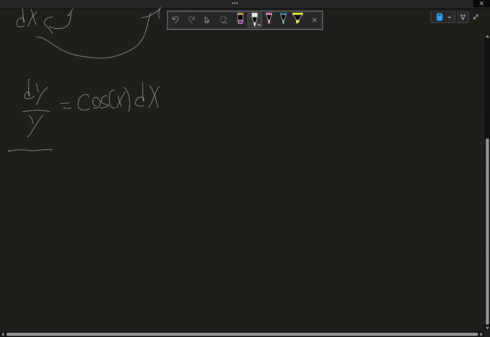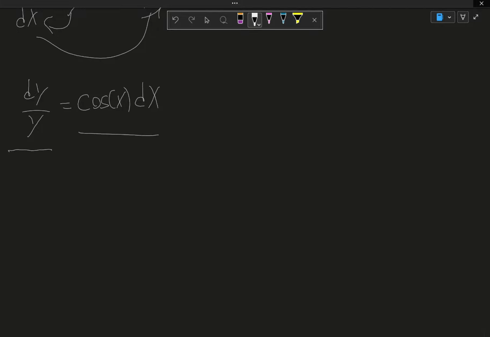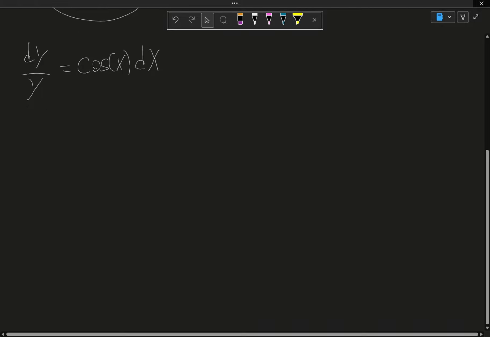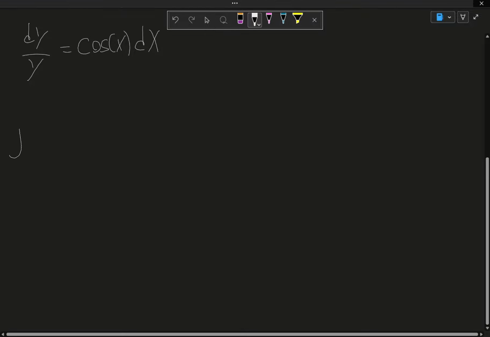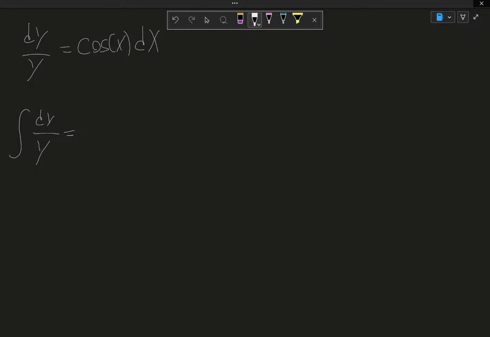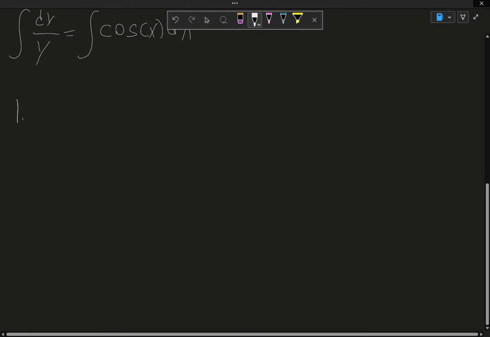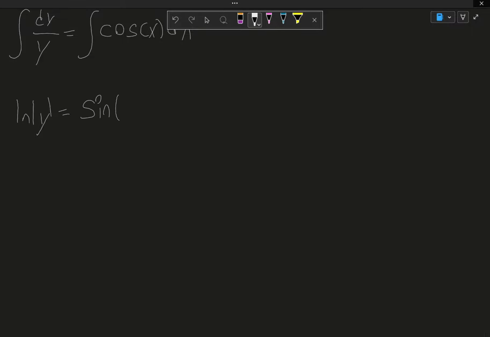There's just a y on this side, we have just x on this side, so we will just integrate it to get rid of the dy and the dx. So we will just take the integral of dy over y is equal to the integral of cosine of x dx, and this is the ln of y is equal to sine x plus c.